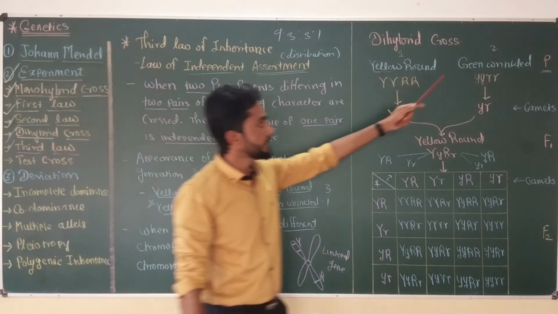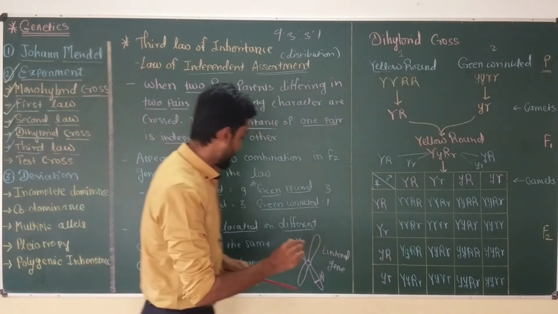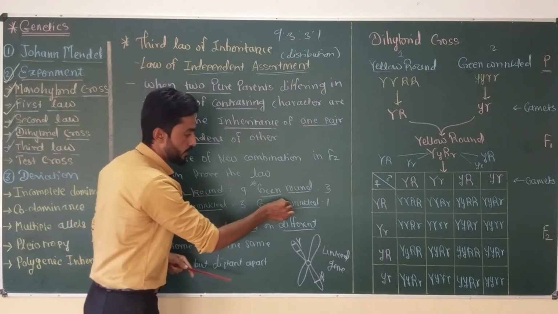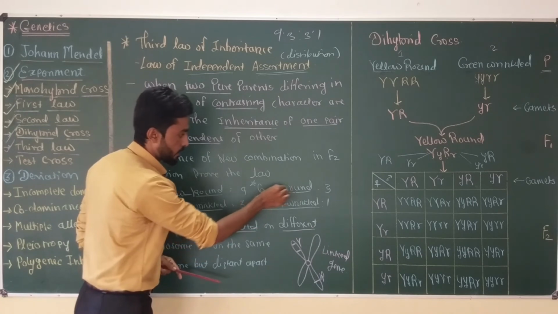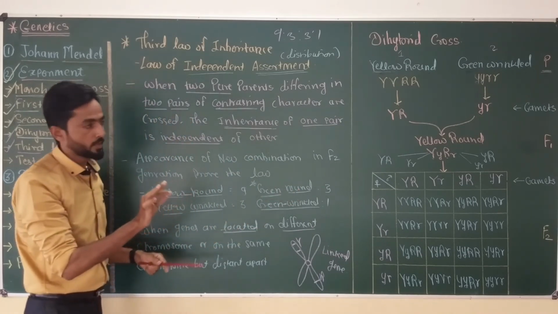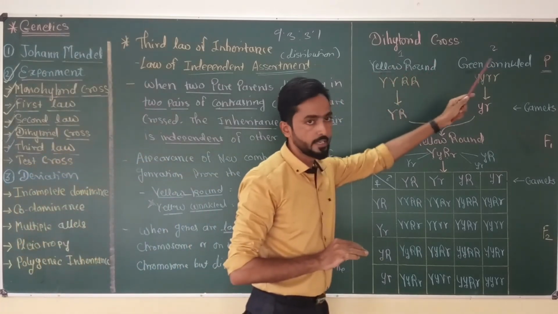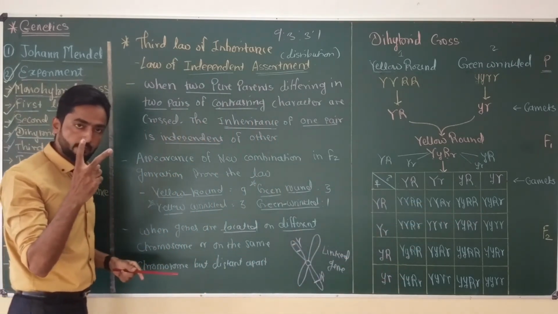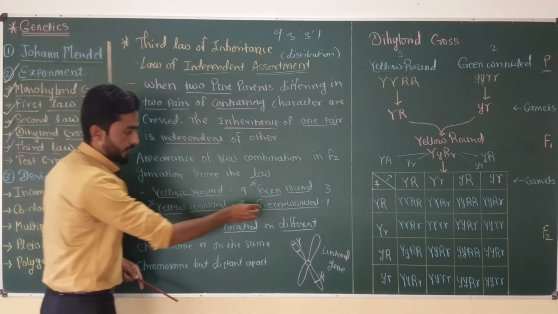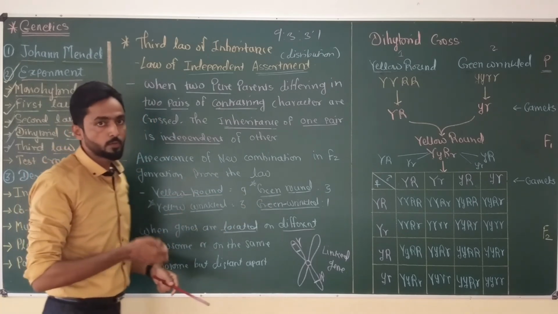Similarly, if green and wrinkle are linked, in that case this green color will not leave the wrinkle gene, so that the green and round combination will not appear. Suppose these two genes are linked, in that case in the F2 generation we will get only two possible combinations, yellow round and green wrinkle. New combinations will not be there.